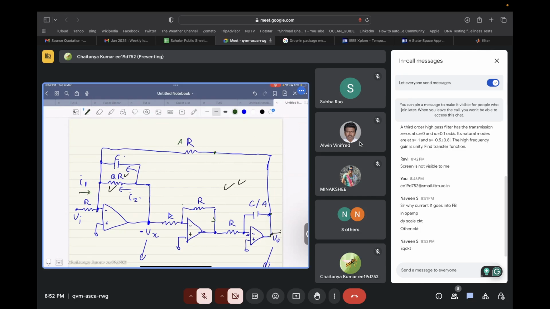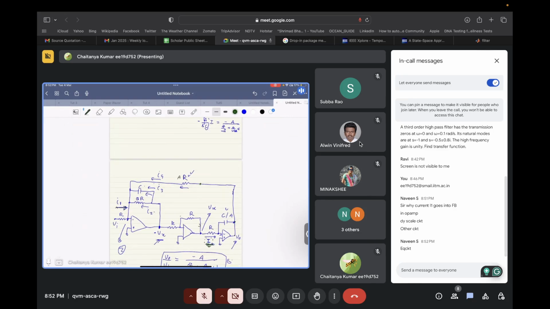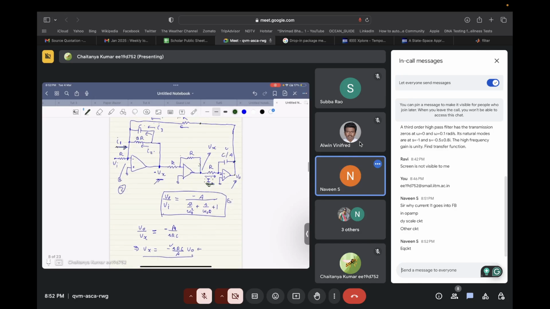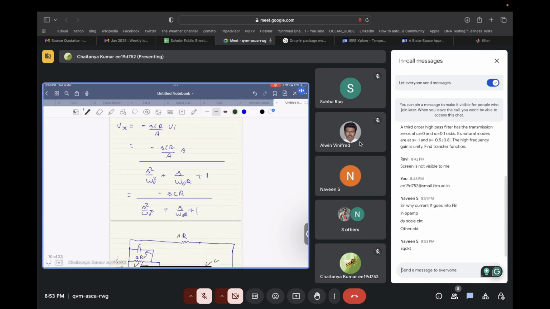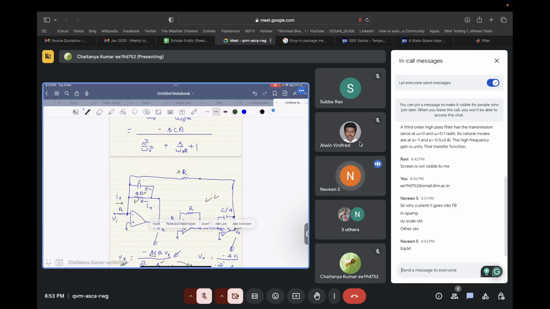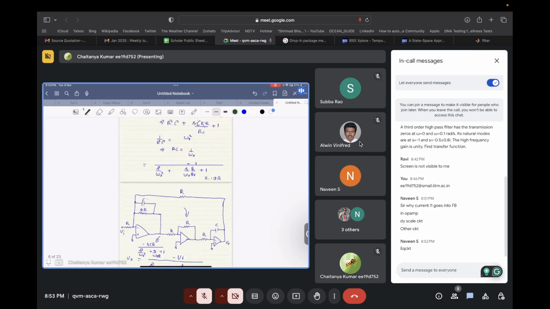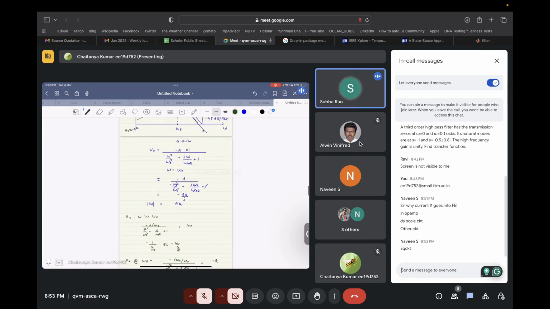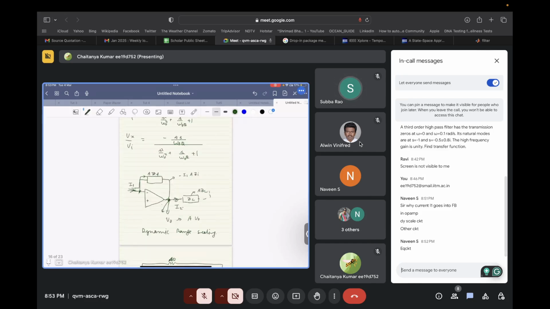You can unmute yourself and speak, I think that will be clearer. In this circuit? No, sir, the circuit just below. The one small circuit you wrote. This one? No, sir, only the small one. Wait, which one are you talking about? Let me scroll. Sir, you started with this question only. Yeah, I started with this. This one, is it? Yes, sir.